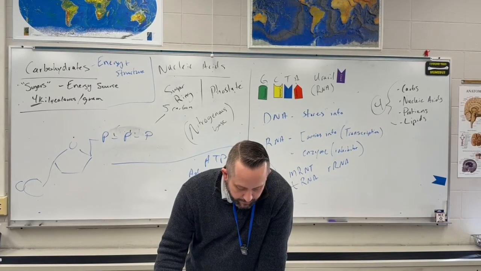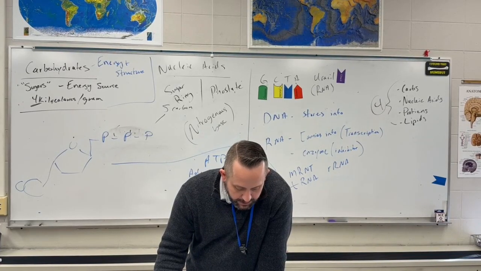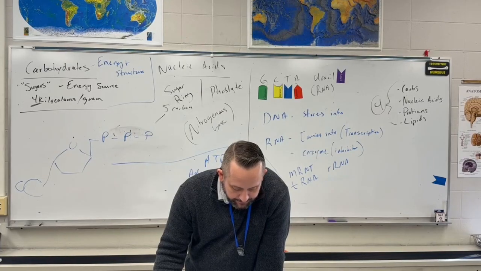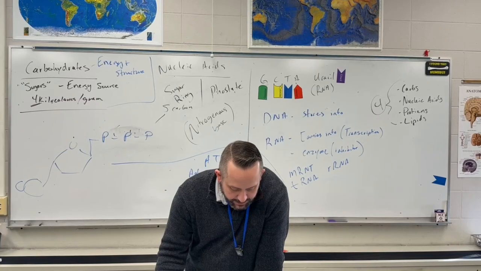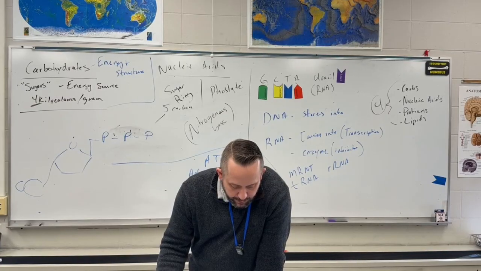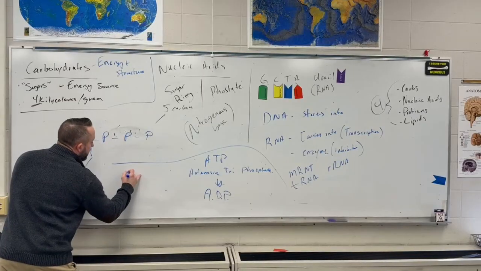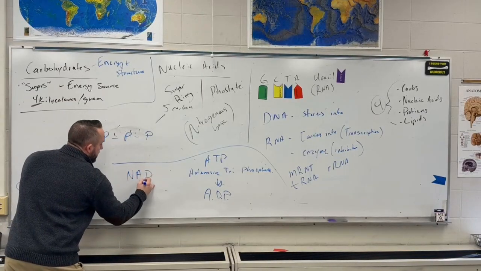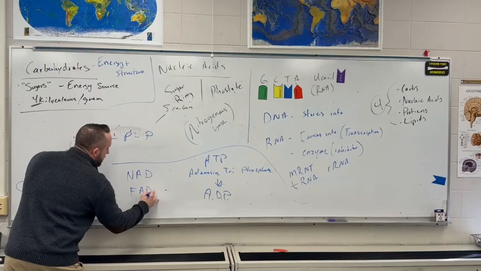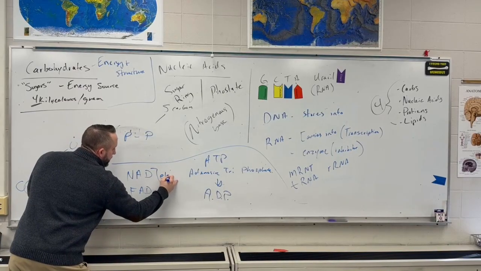So it's energy from ATP hydrolysis that is used to drive energetically unfavorable chemical reactions and to power transport across membranes. There are 2 other important molecules, NAD and FAD. These are electron carriers.